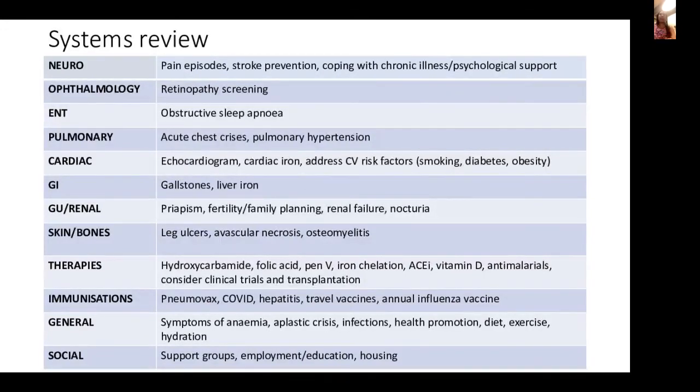And just general things about inquiring about symptoms of anaemia, making sure you reiterate the signs and symptoms of aplastic crisis. So typically parvovirus B19 in patients with red cell disorders can lead to a red cell aplasia and really severe anemia. And that's typically they may have felt a bit flu-like and a bit ill, and then suddenly crash their counts.